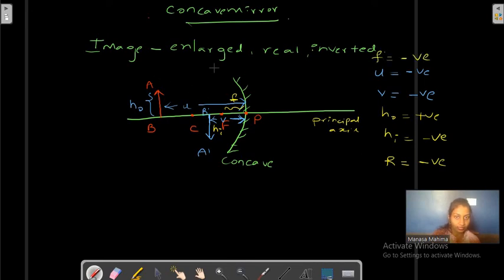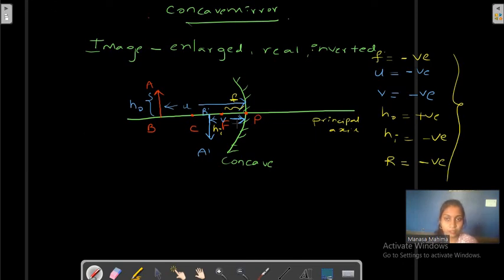Why? Because it is coming towards the left side. So we have to consider f to be negative. All these points you have to keep in mind before solving problems. This is for the concave mirror.